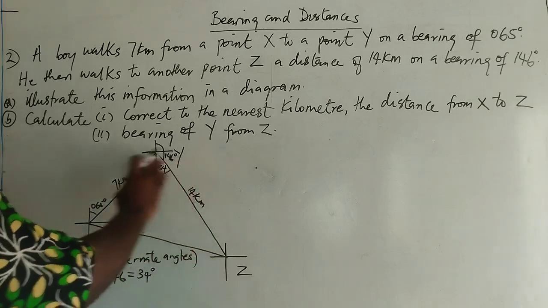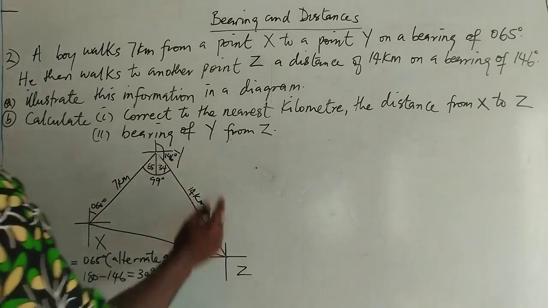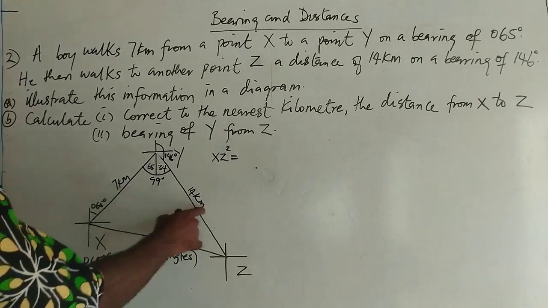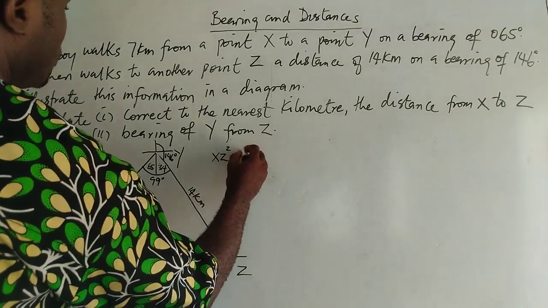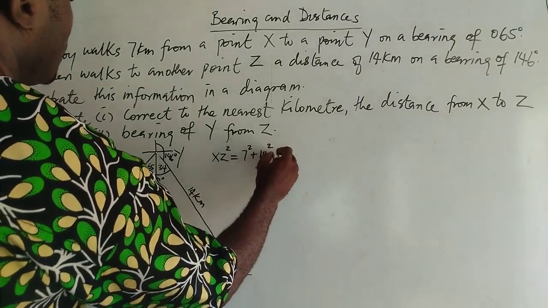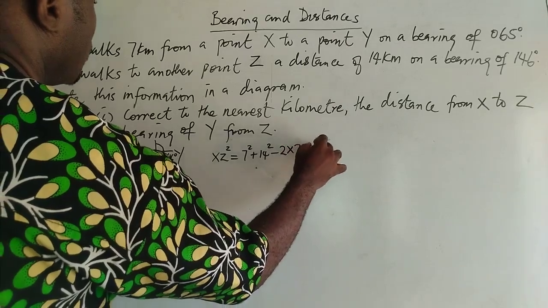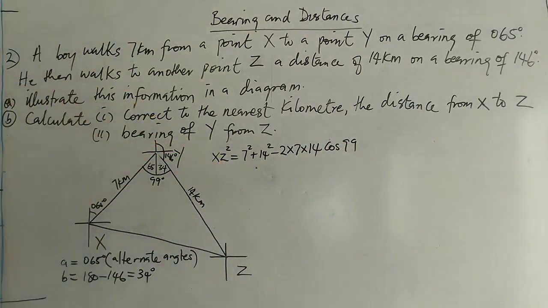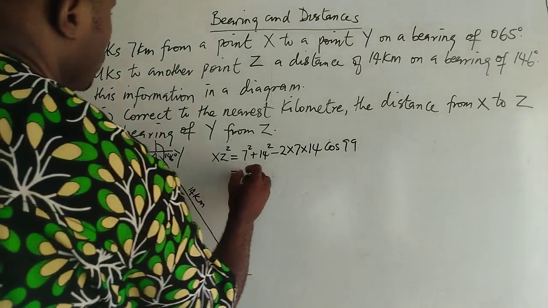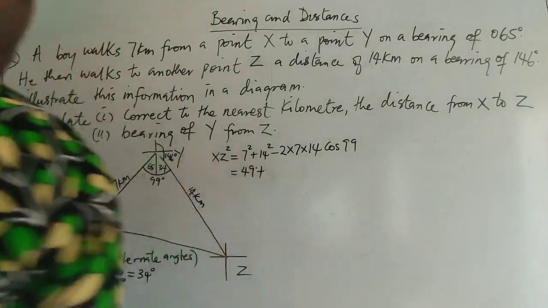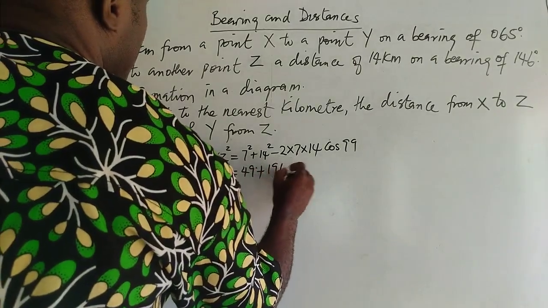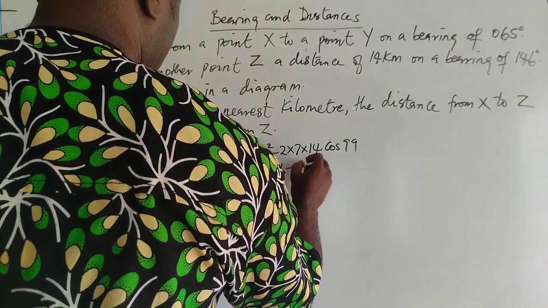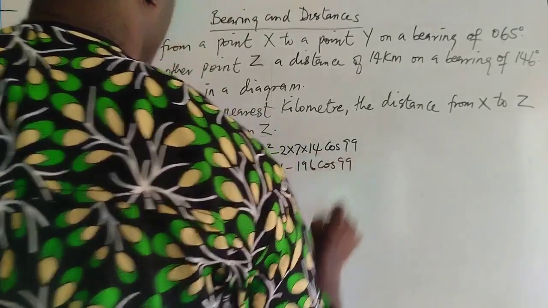Now, to generate the cosine rule for this shape on the board, xz squared equals the sum of the squares of the other two sides. So 7 squared plus 14 squared minus 2 times 7 times 14 cos 99. If you continue, that will give you 49 plus 196 minus 196 cos 99.